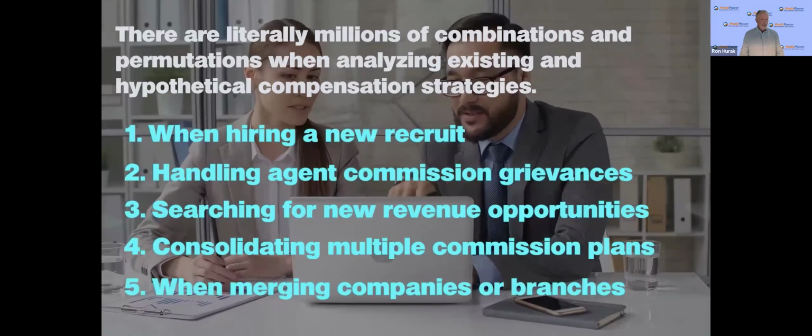Or you want to consolidate your commission plans because you've got too many, as Victor said in the beginning. It's not unusual for us to go into a 100-agent company and find 300 plans, or certainly a lot more plans than agents. And if you're doing some sort of consolidation, merger or acquisition, buying a branch or another company, that's another way in which CAP can help.